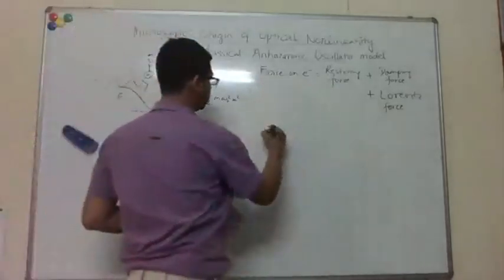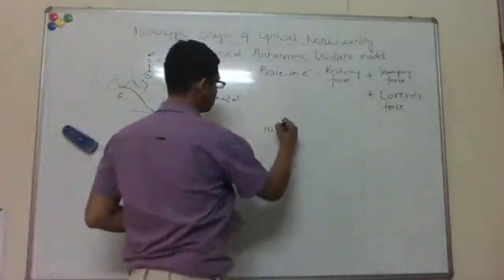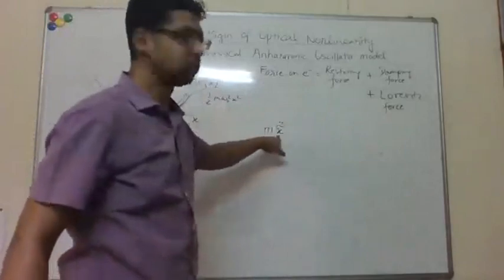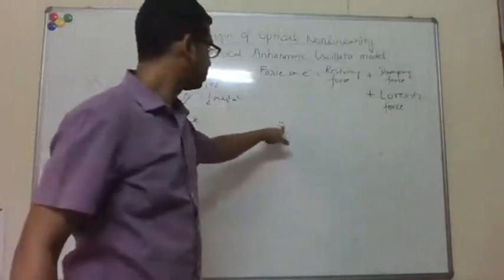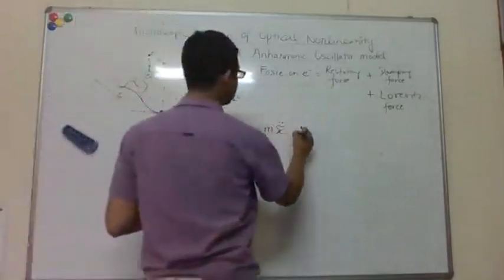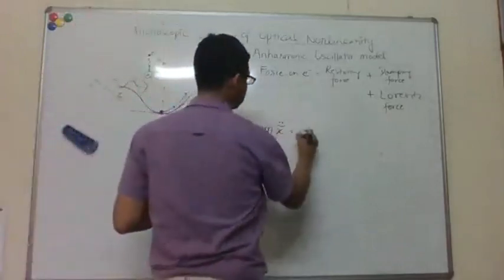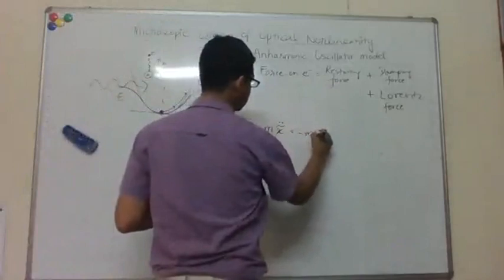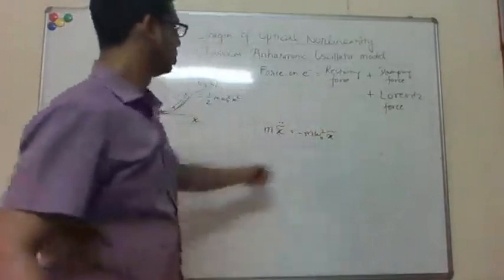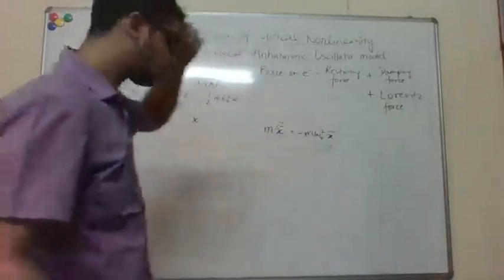So the total force is, of course, the mass times acceleration, and I'm writing this tilde over the position variable to show it's some fast oscillating quantity, right? The restoring force I can write as minus kx.